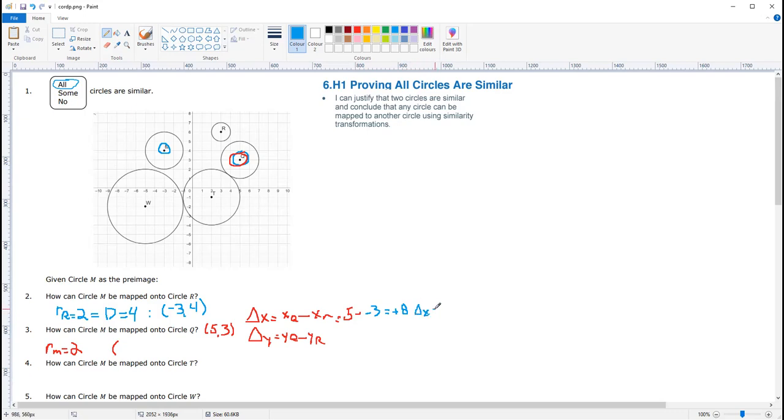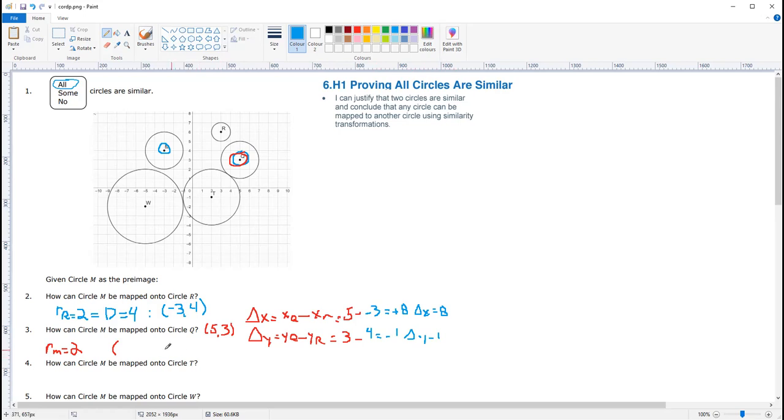Then Q is 3 minus 4 equals -1. So my delta y equals -1.